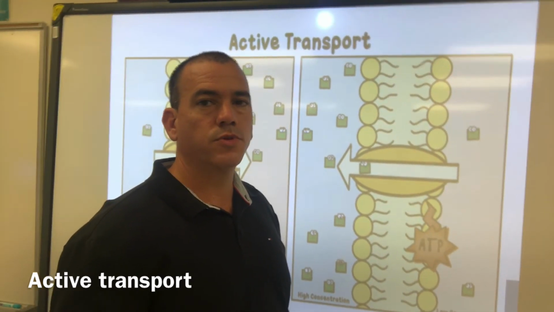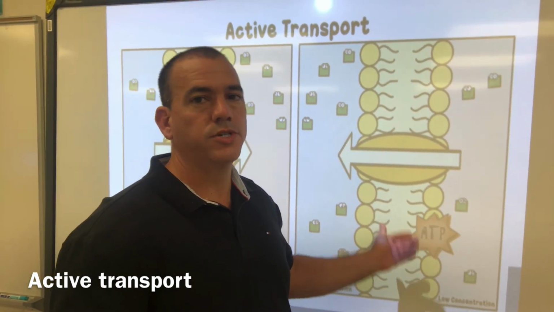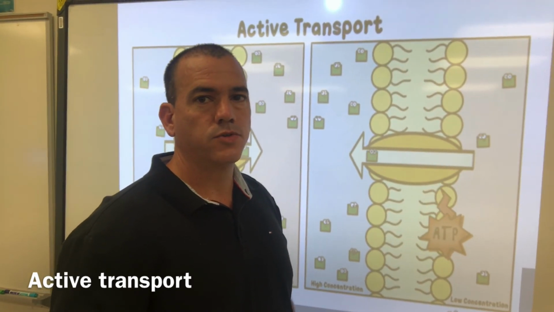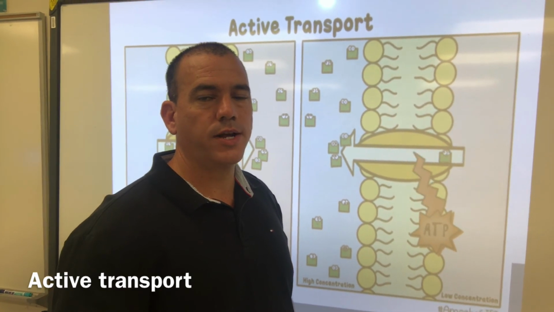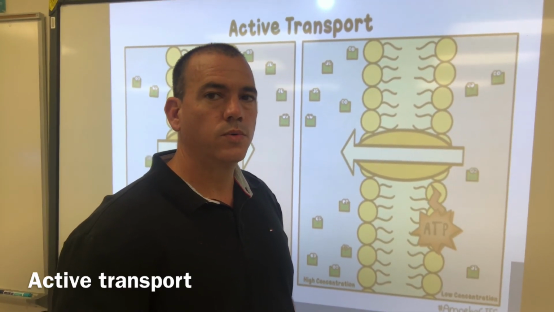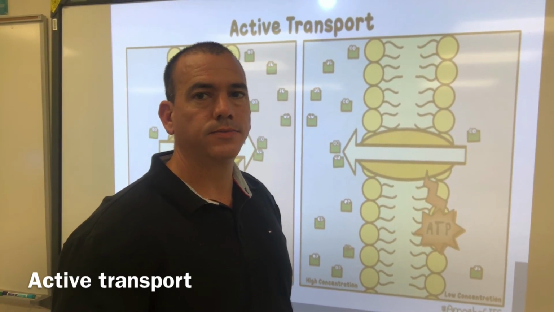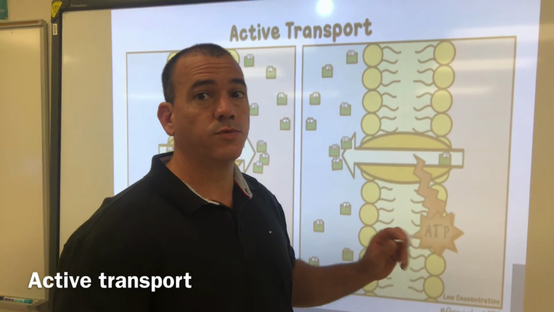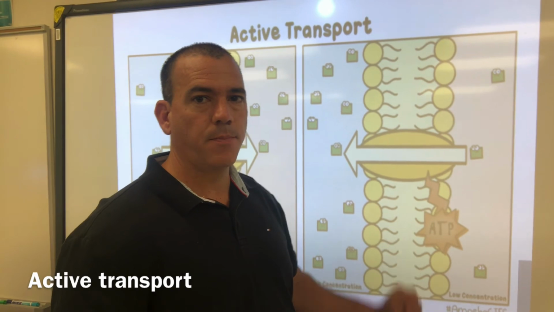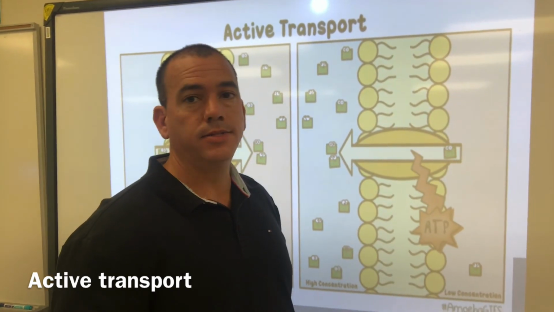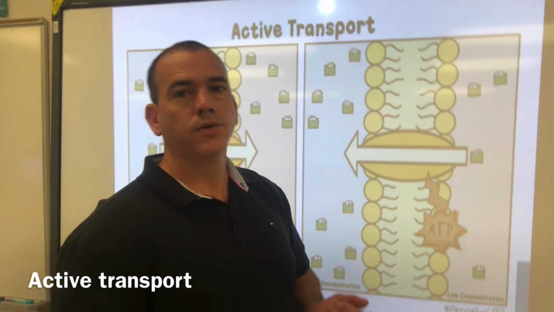So again, active transport, just put uses energy slash ATP to transport, and then also put down moves against concentration gradient, low to high. So it's doing the opposite of what naturally would happen. You're forcing it to happen. How do you force it to happen? By using ATP. It's like a vacuum cleaner forcing air in.